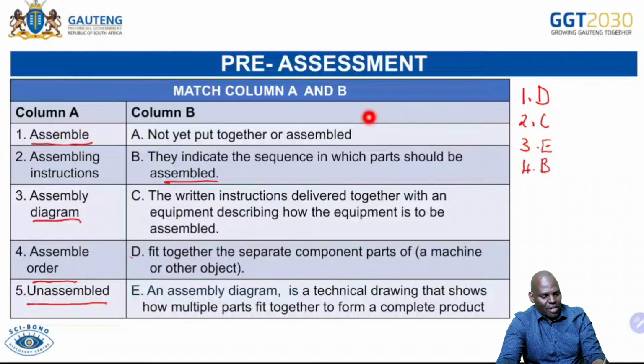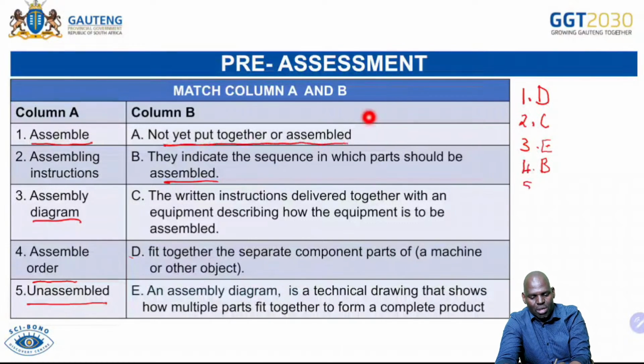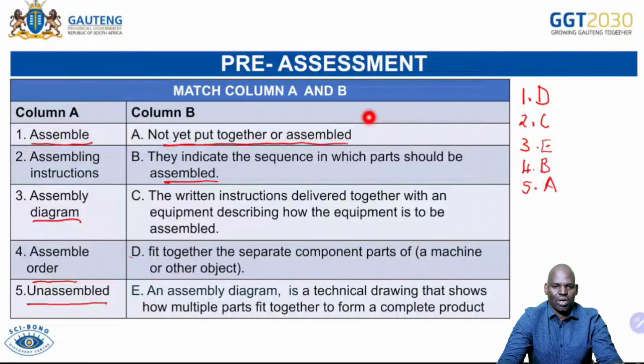And then number five is unassembled. Unassembled means not yet put together or assembled. So terminology number five matches with the explanation of letter A under column B. So these are the most important terminologies or explanations that you need to know before we start our lesson.